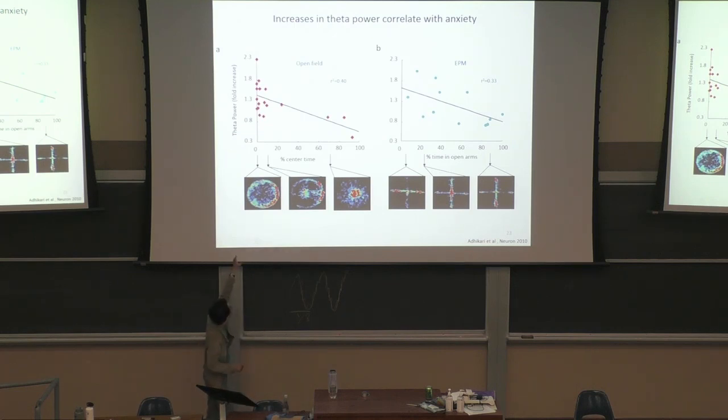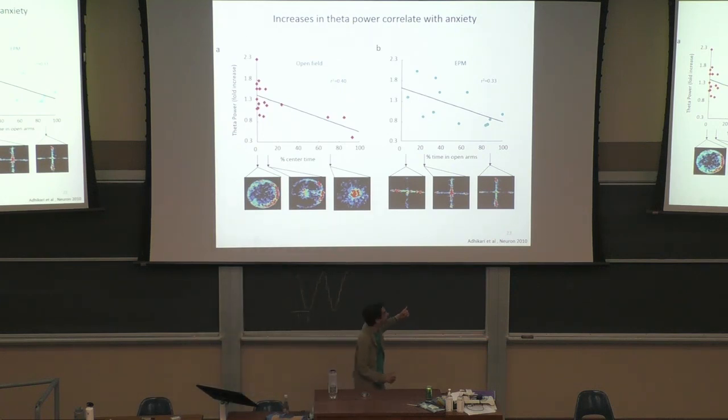Here are heat maps of the behavior. This mouse spent a lot of time in the center of the open field, so he wasn't scared of the center. This mouse spent a lot of time in the periphery, so this mouse was very scared of the center. What we see is that the mice that were more scared of the center, so they avoided the center more, showed a bigger increase in theta power in the cortex than the mice that were not scared of the center.